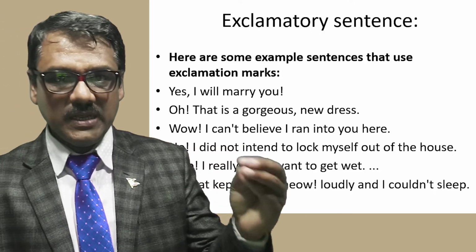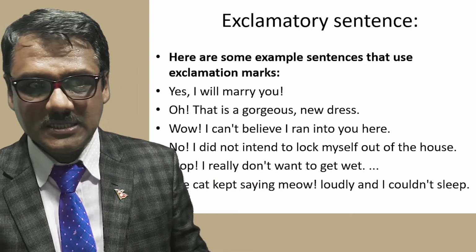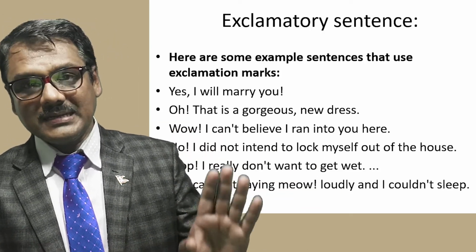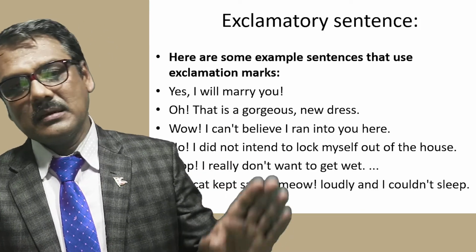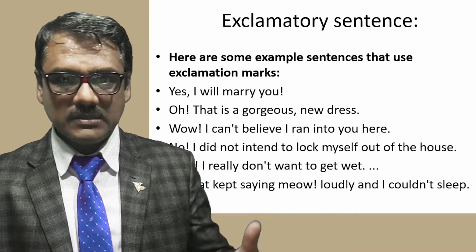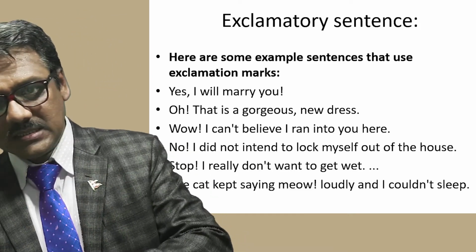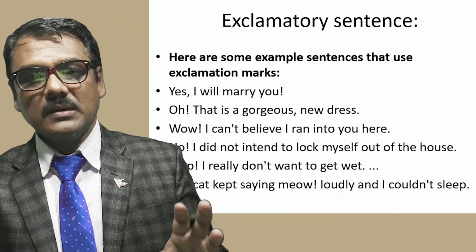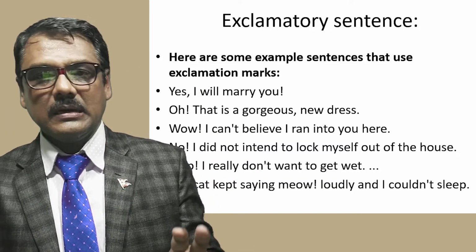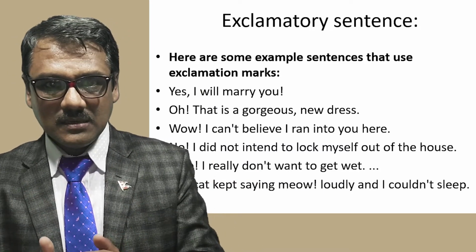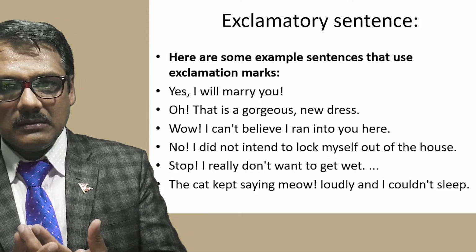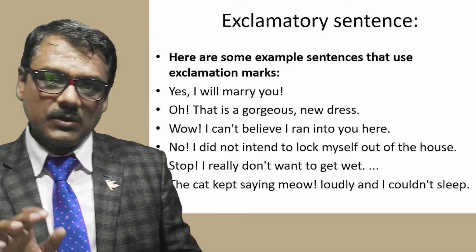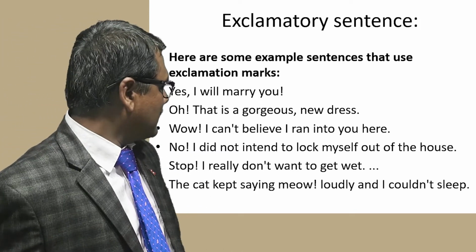On the basis of meaning, there are five types of sentences that are assertive sentence, imperative sentence, interrogative sentence, optative sentence, and exclamatory sentence. And we also know some structural differences. I hope that you are now clear with it.